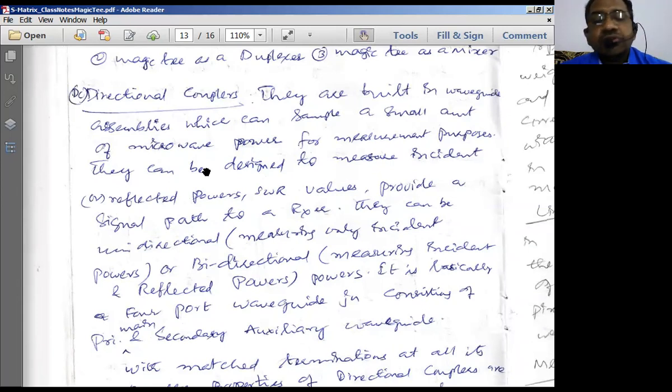So here they are built in waveguide assemblies, which can sample a small amount of microwave power for measurement purposes. Obviously we also prefer this for transmission from one end to the other.